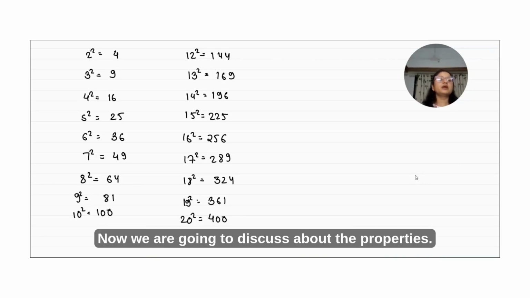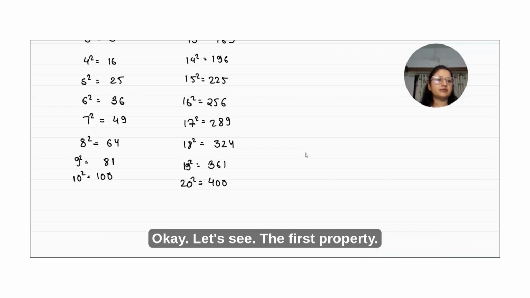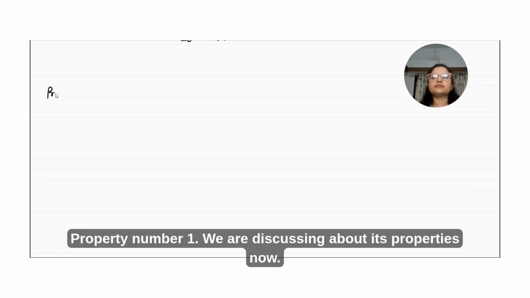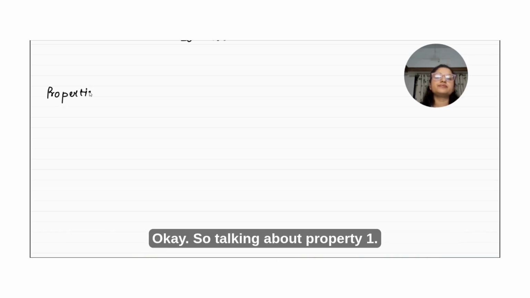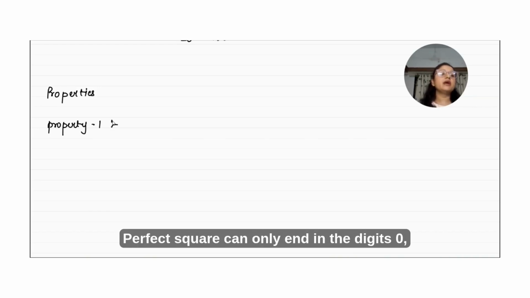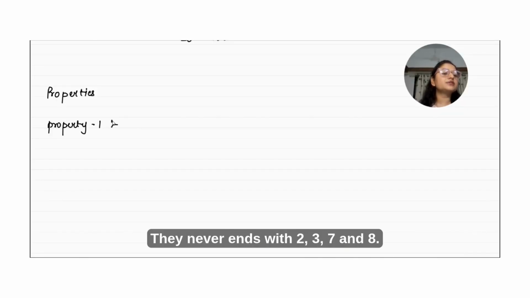Now we're going to discuss the properties. Let's see the first property. A perfect square can only end in the digits 0, 1, 4, 5, 6 or 9. They never end with 2, 3, 7 or 8.